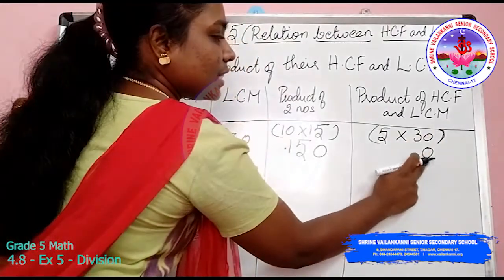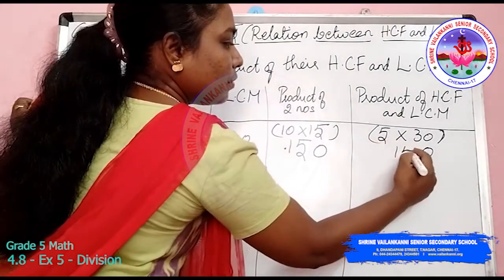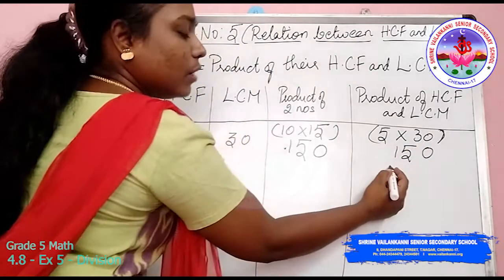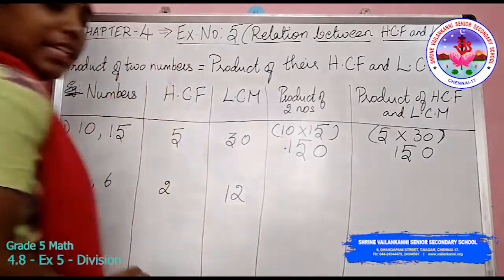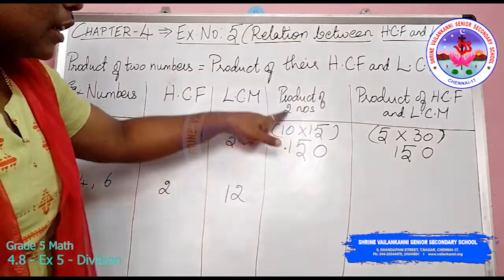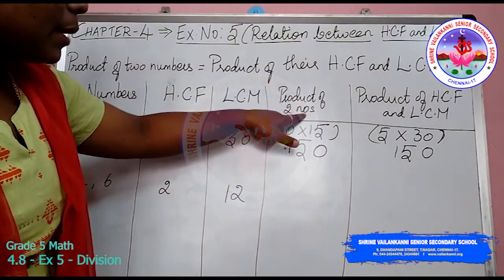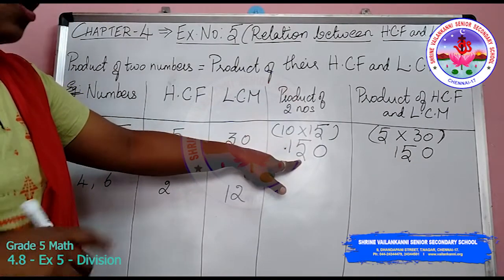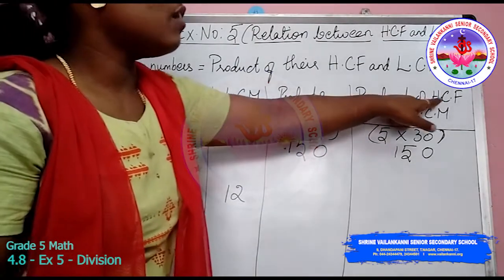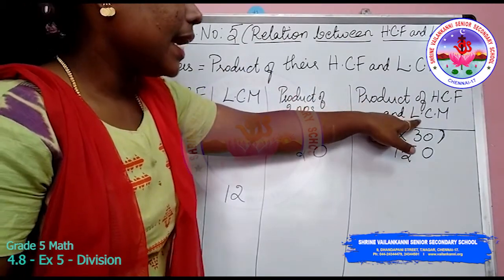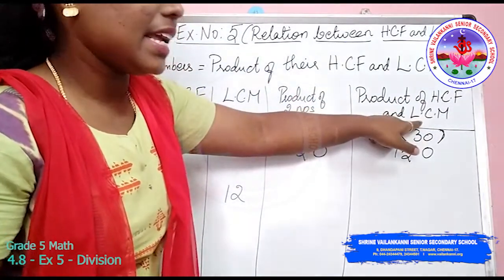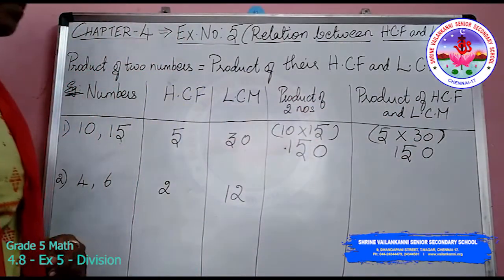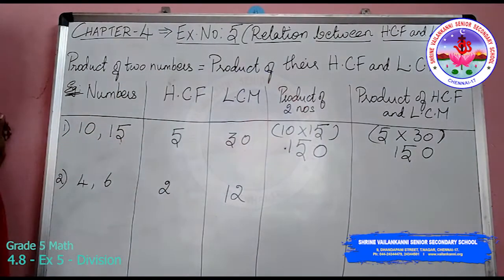This 0 I am writing as it is. 3 into 5 is 15. So altogether you will get 150. So the product of the two given numbers is 150, and also the product of HCF and LCM is 150. So the rule is matching.